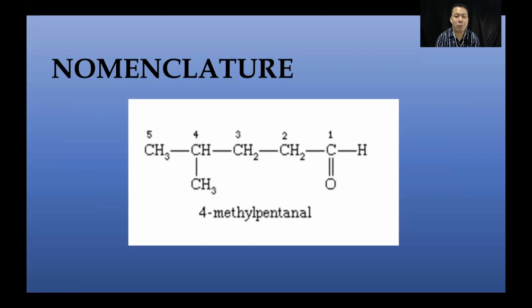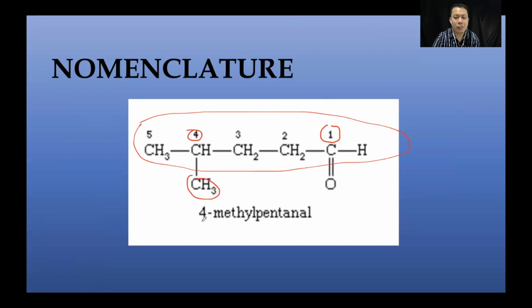This is your first carbon, this is the longest chain, and on the fourth carbon you have a methyl, so it is 4-methyl. There is a 5-carbon chain, so it is pentane, but since there is an aldehyde, it is converted from pentane to pentanal. So the name is 4-methylpentanal.